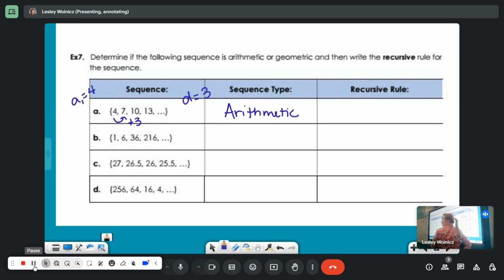Okay, those are the 2 things that we need. We need to know what the first term is to get started, and then we need to know what to add every time. So we say a sub 1 equals 4, comma, a sub n equals a sub n minus 1 plus how much? 3. I thought I heard 4 and 2.